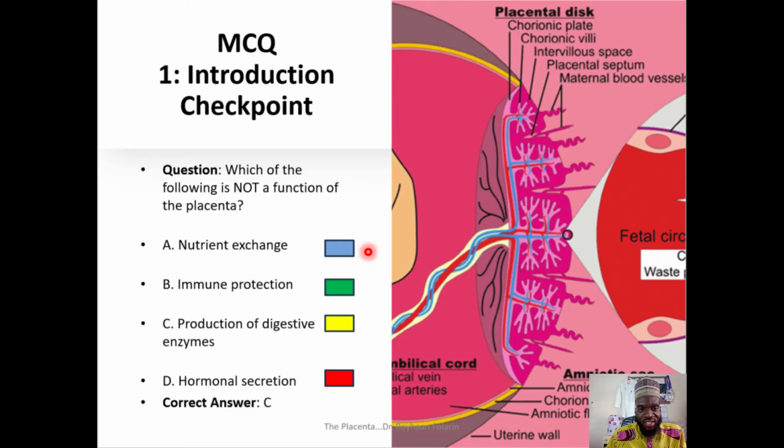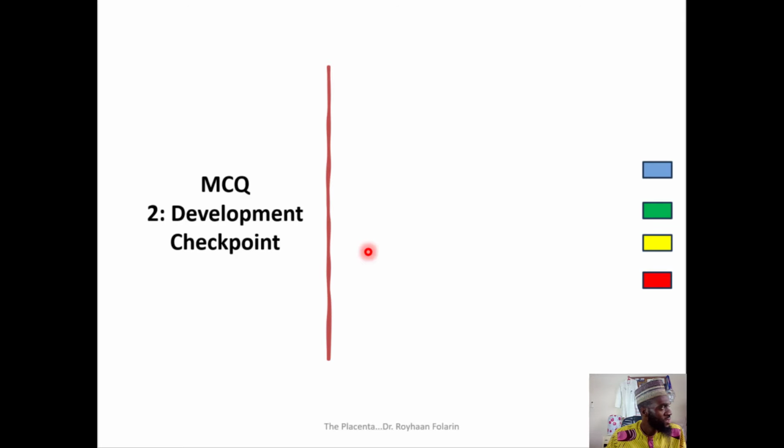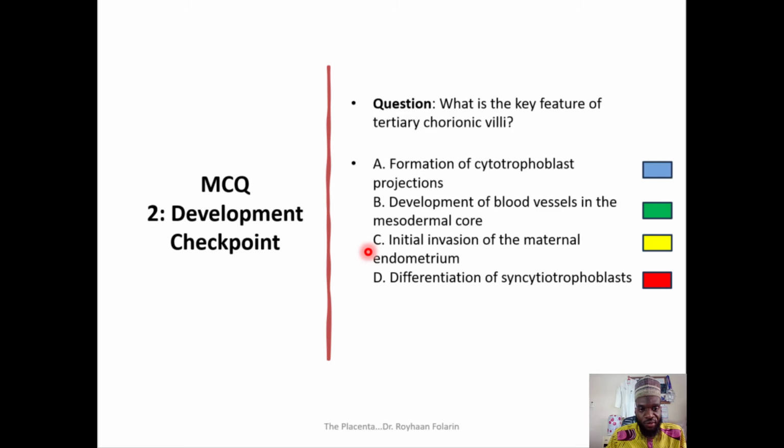Okay, there is yet another question to test how far we're getting along. So, what is the key feature of tertiary chorionic villi? Is it the formation of cytotrophoblast projections, or development of blood vessels in the mesodermal core, or initial invasion of the maternal endometrium, or the differentiation of syncytial trophoblasts?